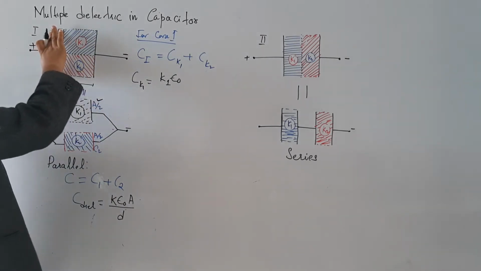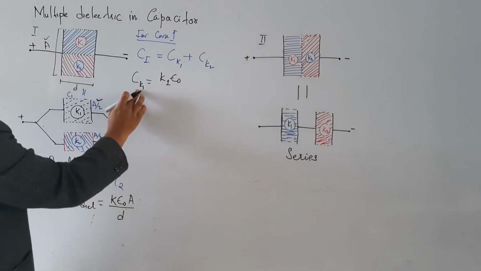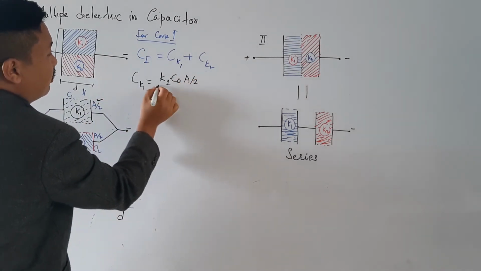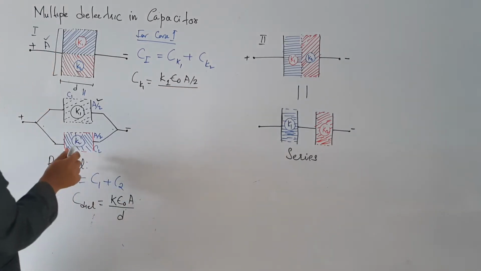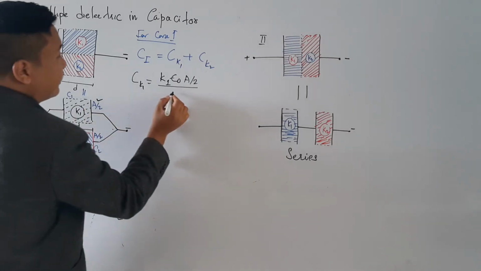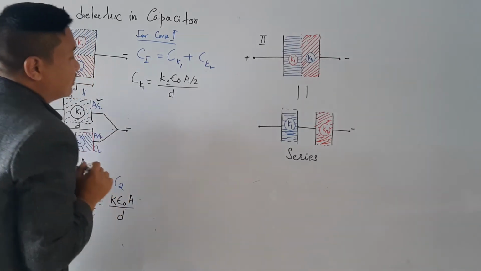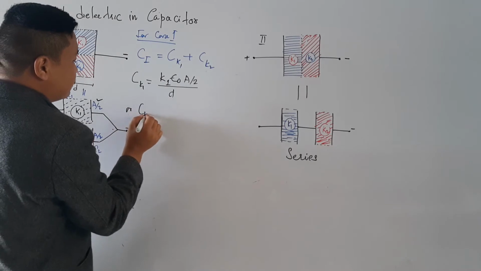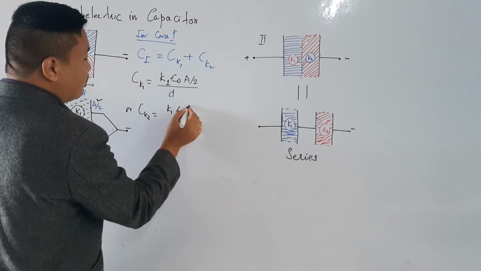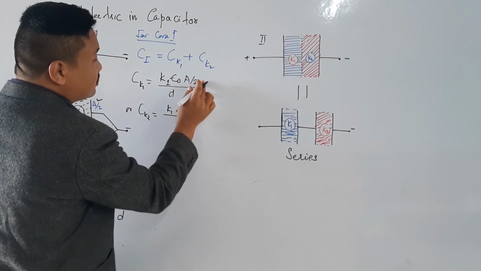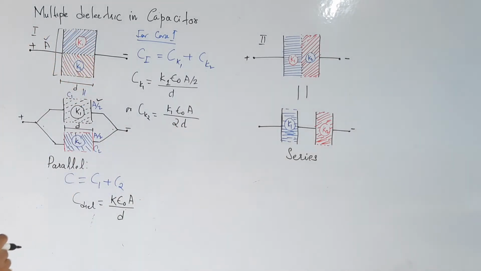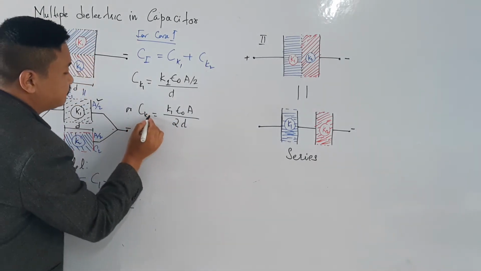First it was the whole A. Now for CK1 the area is A divided by 2, whole divided by D. So D is not changed; in both cases D remains the same. Then CK1 will be K1 epsilon naught A divided by 2D, as the 2 comes in the denominator.